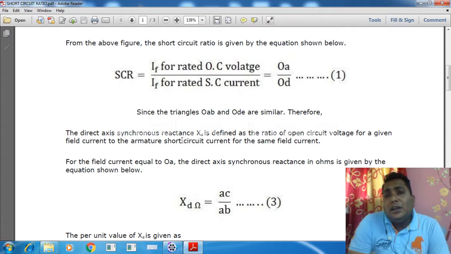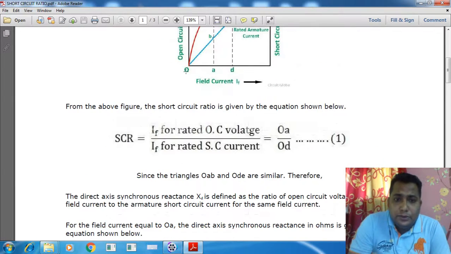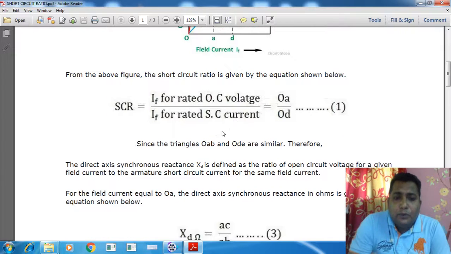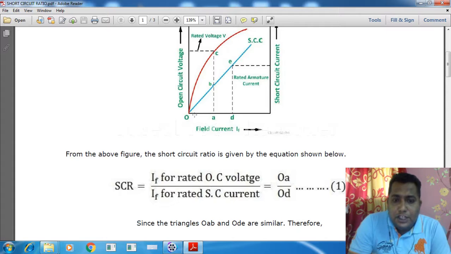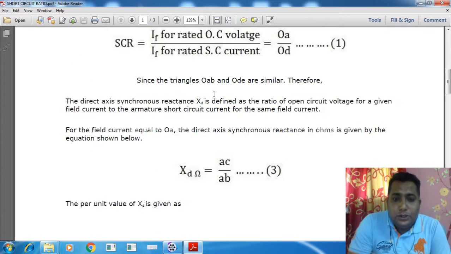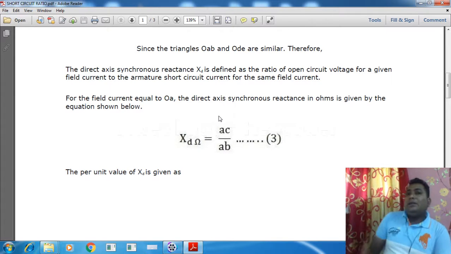That means for the field current equal to OA, corresponding to this OA field current, we have to know what the voltage is and what the current is. See what is written: for the field current OA, the direct axis synchronous reactance in ohms will be given by the open circuit voltage divided by the short circuit current at that field current.